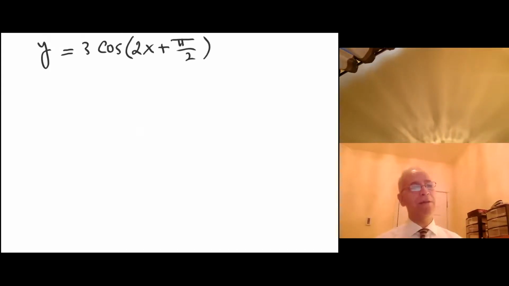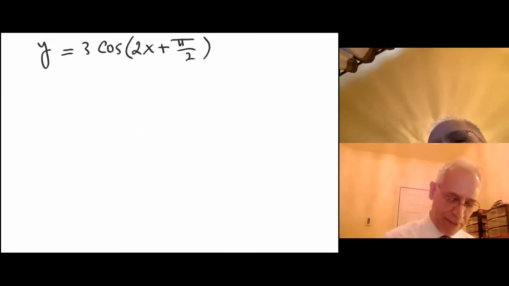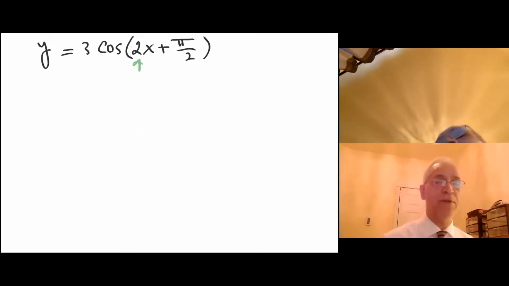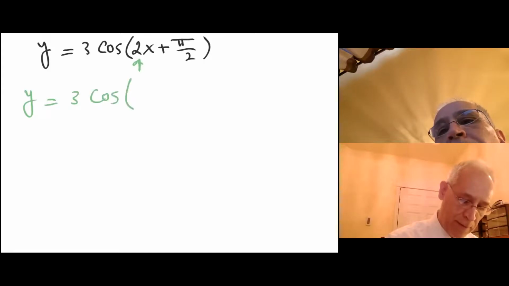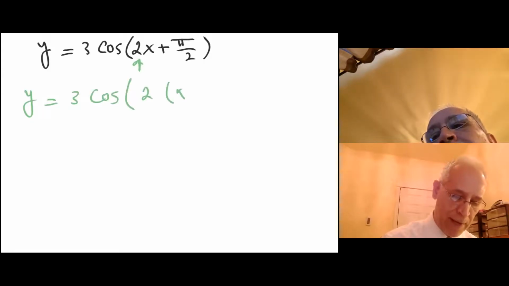In this format, we are going to factor out the coefficient of x. What do I mean by that? I get y equals 3 cosine of, factoring the 2 out, x plus pi over 4.